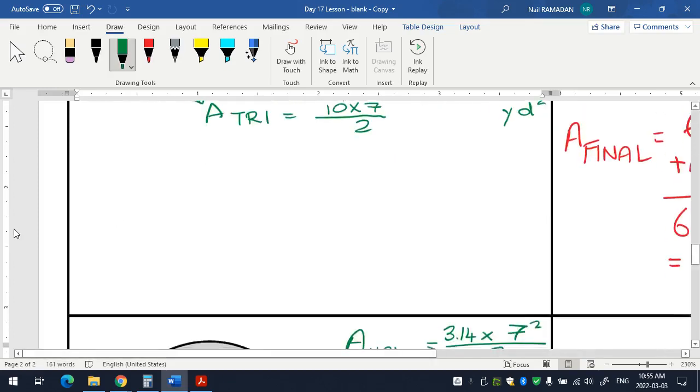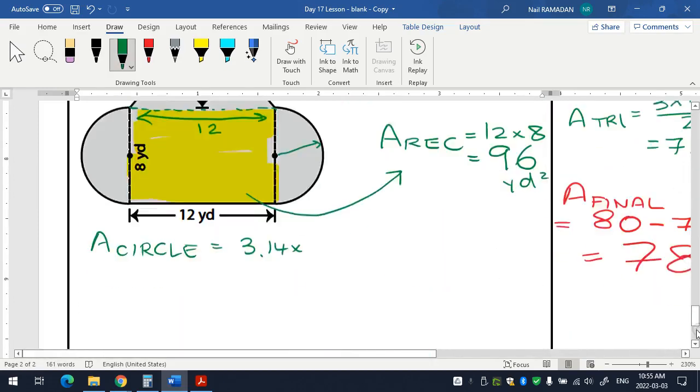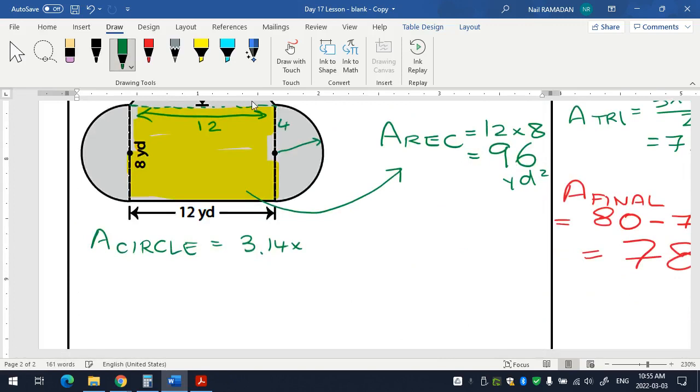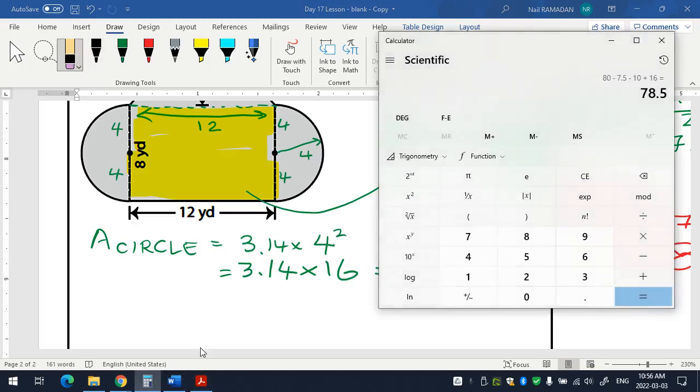So times 4 squared. That would be 3.14 times 16, which is 50.24.